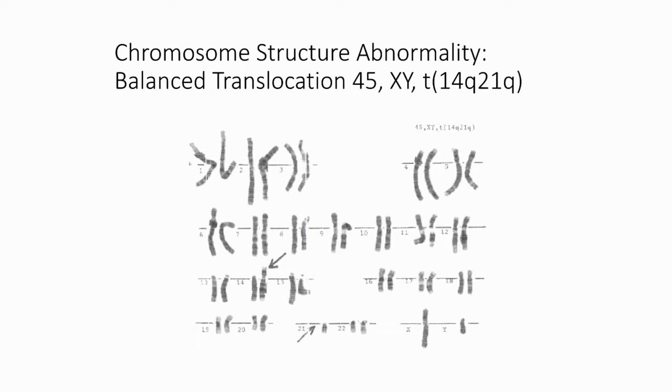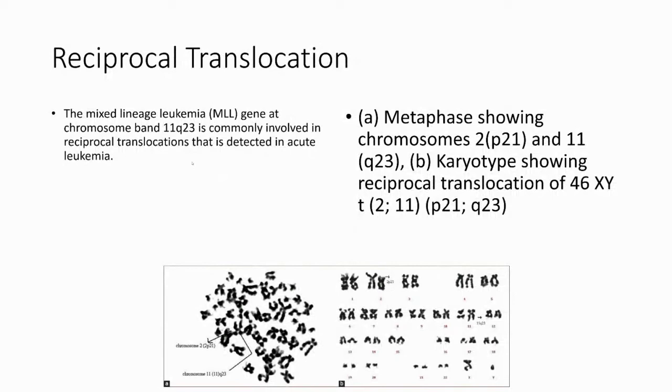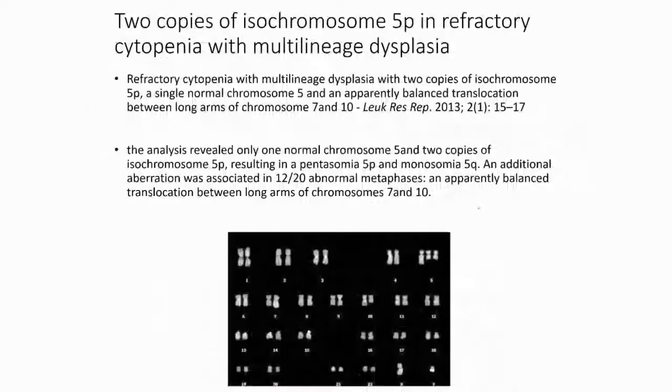Okay, that's translocation. And then the reciprocal translocation, so for example, you can have 46, XY, reciprocal translocation between chromosomes 2 and 11, with the exchange between the p21 region and the q23 region. That's called reciprocal translocation.